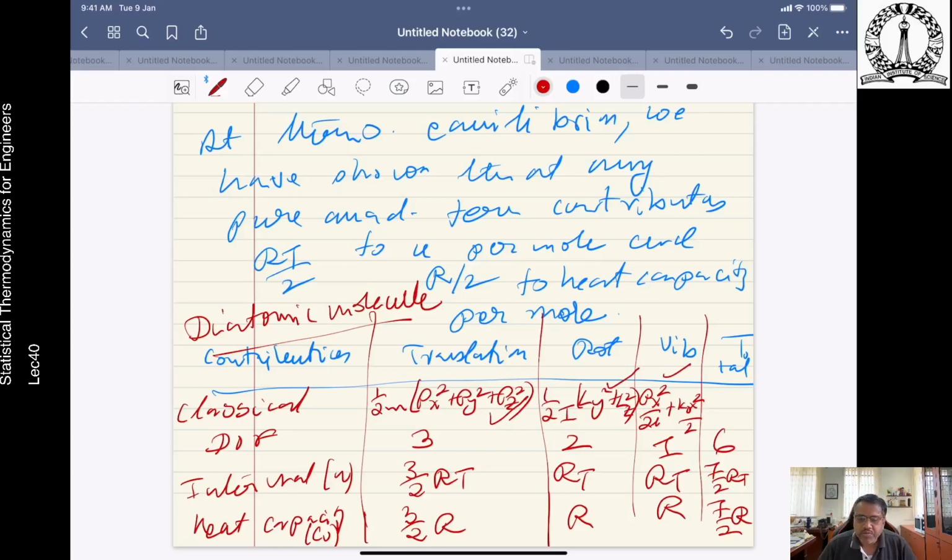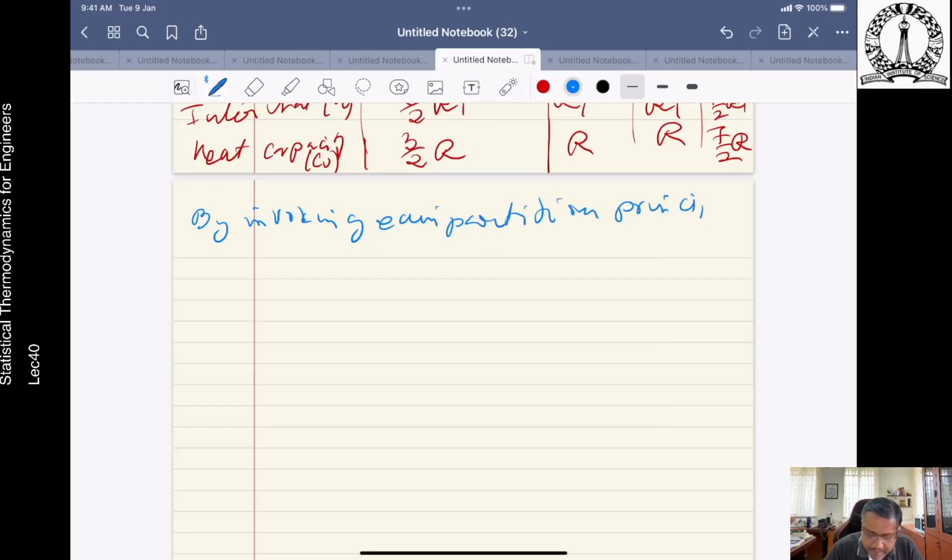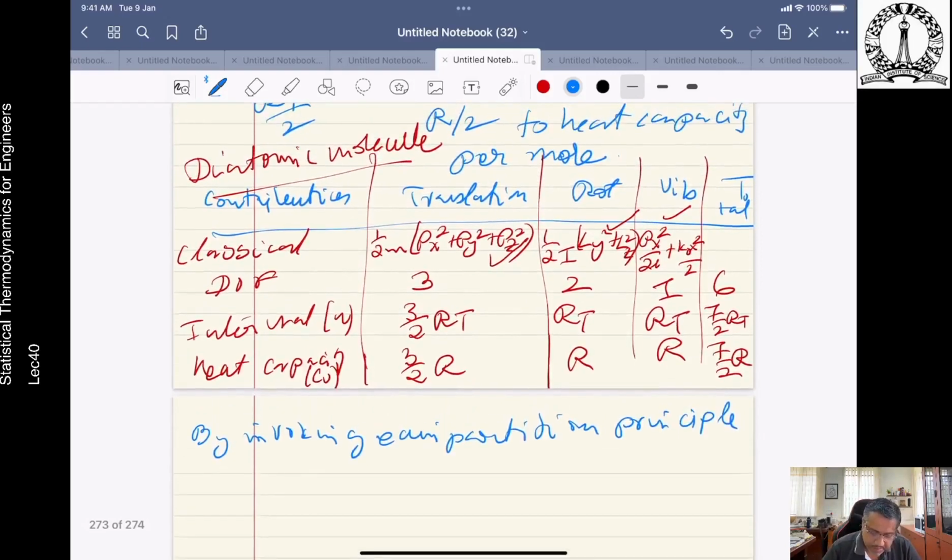We are going to continue in this line, and by invoking the equipartition principle, we can determine the internal energy and the heat capacity as summarized in the table just above.